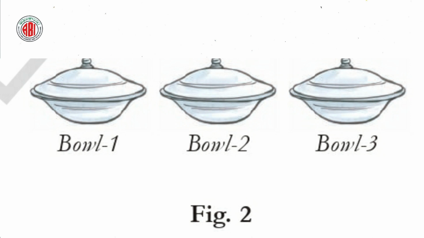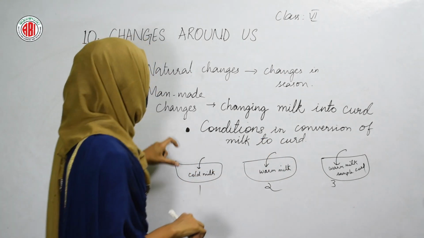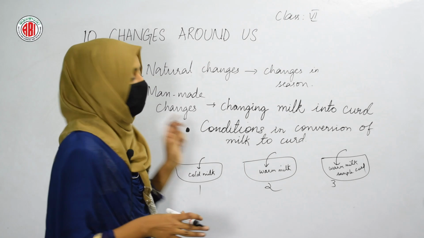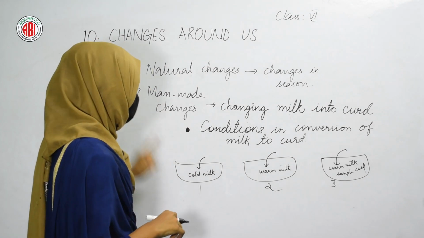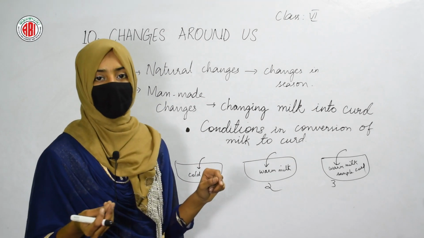But in the third bowl, we will take warm milk and also add 1 spoon of curd. That means we will add sample curd into bowl 3. Now keep all these bowls aside for some time, and after a few hours, when you observe these 3 bowls, what are the different observations that you get?